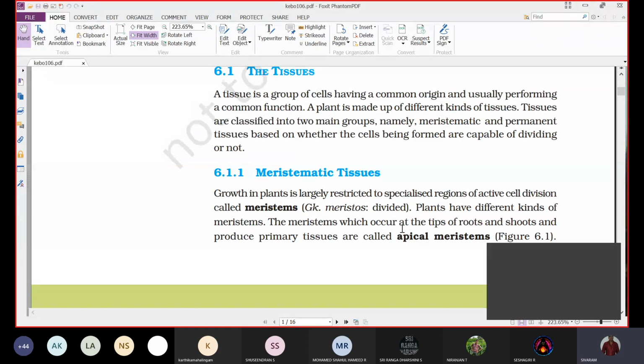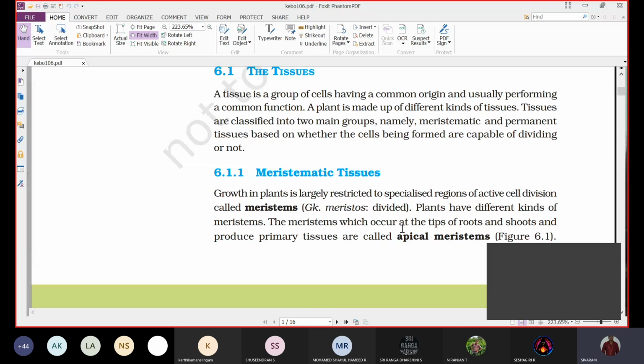The differentiation of these tissues mainly depends upon whether they are capable of dividing or not. The cells which continue to divide, those tissues we are calling meristematic tissue.